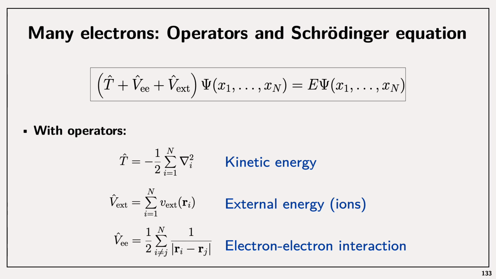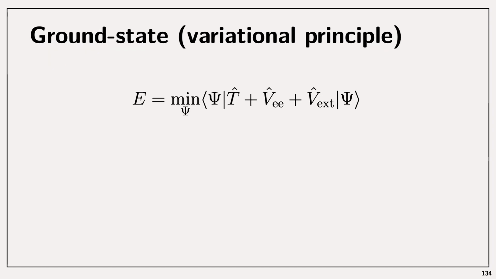Further, we know how to solve this equation. We have a procedure, and the procedure is the variational principle that says that the correct answer, what we call the ground state, phi, is the state in which the electrons will be at the lowest energy.